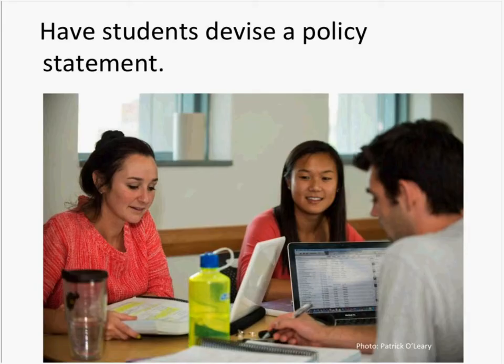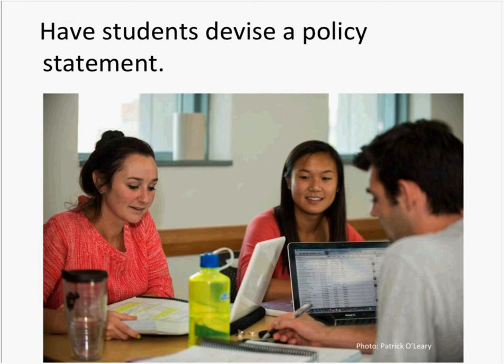And one way to do that is to have your student teams devise a policy statement. So a policy statement would simply be a document that outlines how the team is going to work together. So they all get together and say, how are we going to make decisions? Is it unanimous? Is it majority rules?